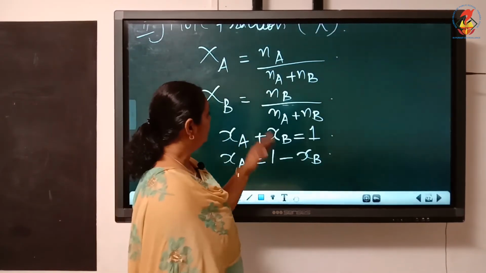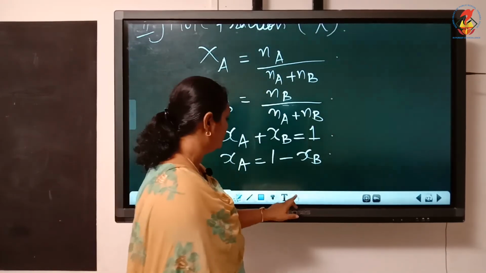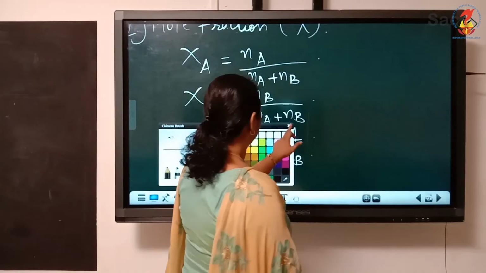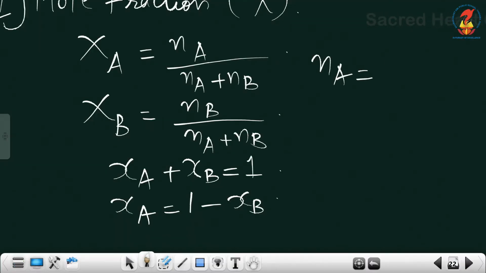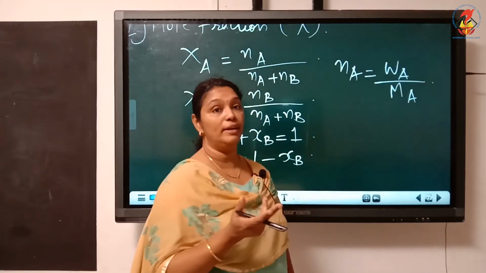Now, you know how to find Na and Nb. What is the expression to find the number of moles? Number of moles is given as mass by molar mass: Na is equal to Wa by Ma, where Ma is the molar mass of solvent.